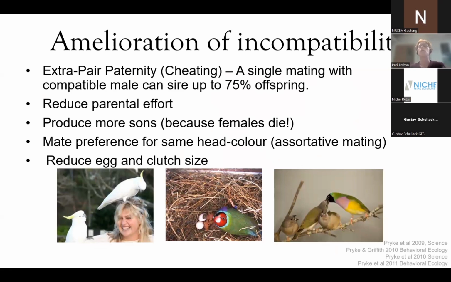A bunch of follow-up work found there were a number of different ways in which Gouldian finches were able to compensate for this incompatibility. In a series of controlled experiments, Sarah found that when you put mixed morph pairs together, the female, if presented with a male of the same head color as her, is able to sire up to 75% of that offspring with that compatible male.